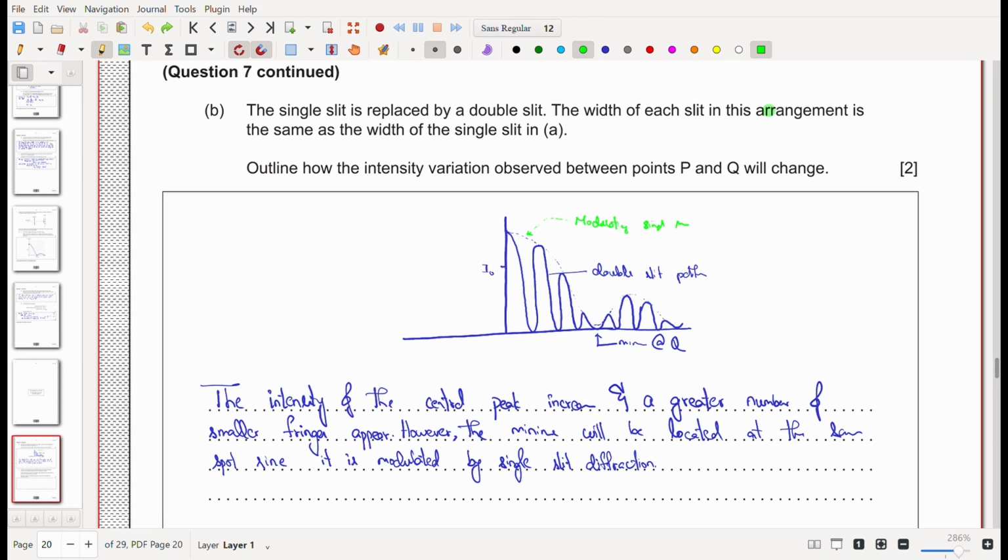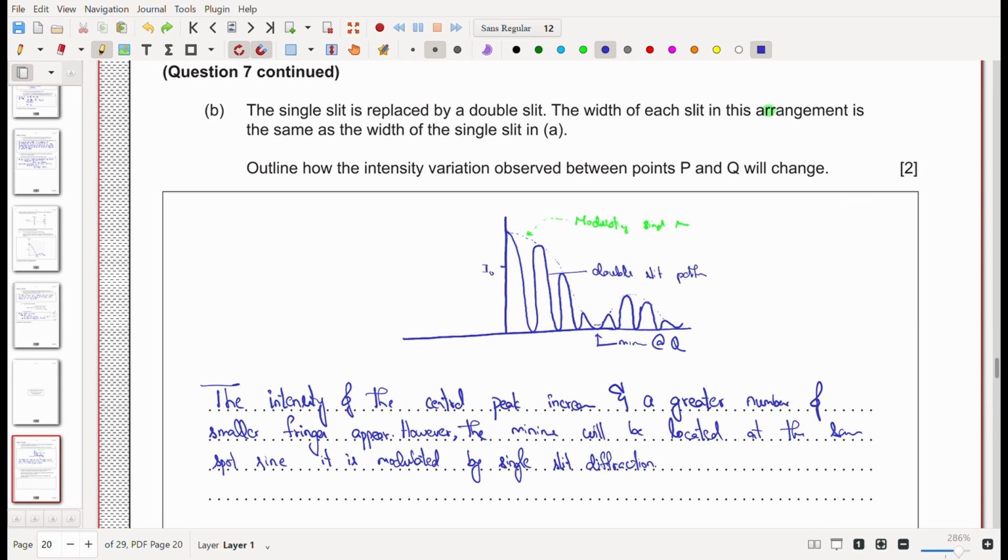That dotted line shows the modulated single slit. Next, in a solid line, I've shown our double slit interference pattern.